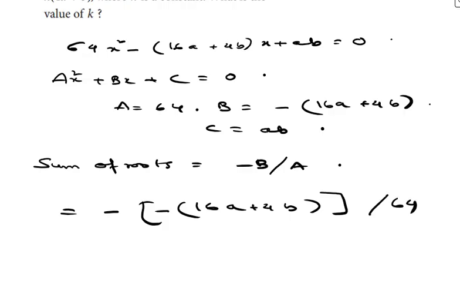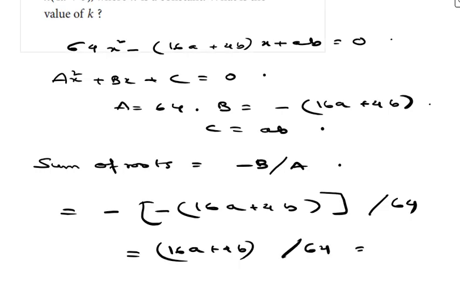Now observe very carefully. There is a negative sign outside and another negative sign inside. So negative multiplied by negative becomes positive. Therefore the sum of roots will be (16a plus 4b) by 64.